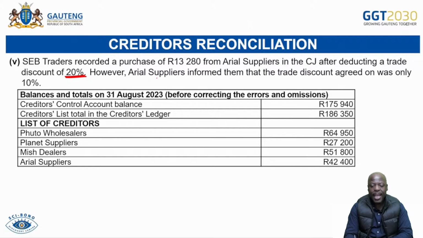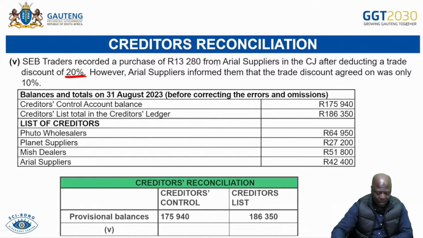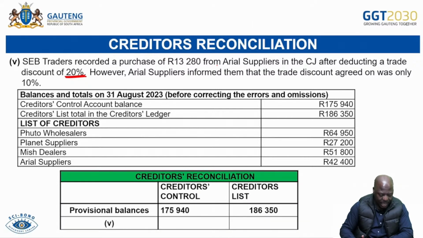However, aerial suppliers informed them that the trade discount agreed was only 10%. There are several ways in which one could have done this. One way in which you could have done this was to say, I'm going to do it very slowly.